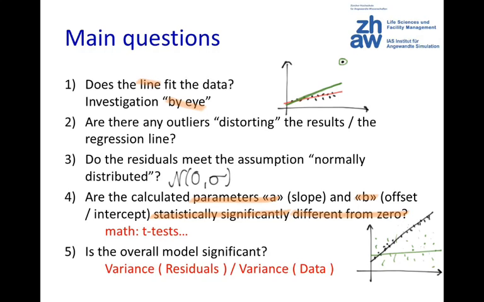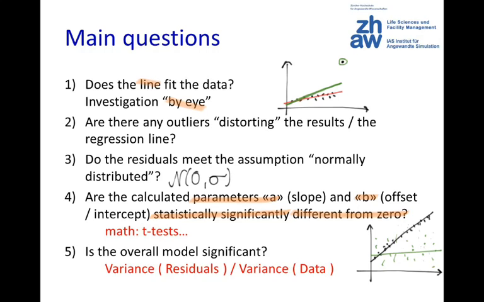Is it reasonable to assume that the green points are linearly distributed? That will be assessed by looking at the significance of the slope parameter and of the offset parameter. Mathematically, we will be able to do t-testing for these parameters, but we will not go into details here.